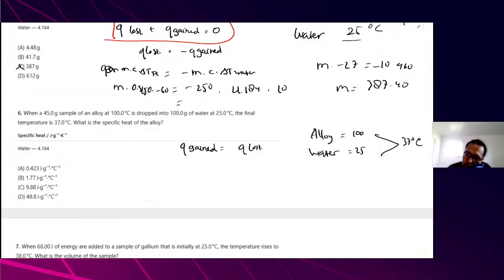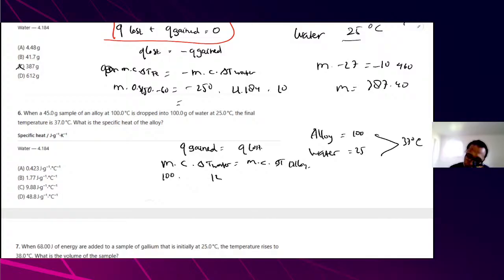Which one gains energy? Water. So MC delta T of water, and then again MC delta T of alloy. We already know this is water, 100 gram, and the temperature from 37 minus 25 will be 12.